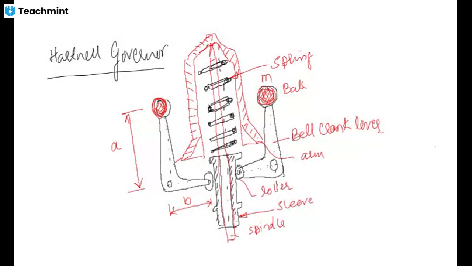So now let us consider the centrifugal force Fc, which is obtained as m r omega square, and it has a mass, small mg, and it has a spring force, that is Fs.